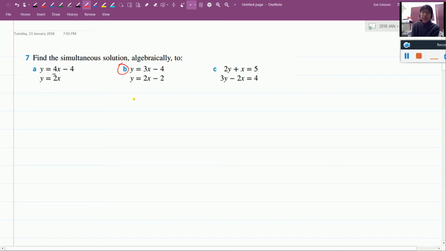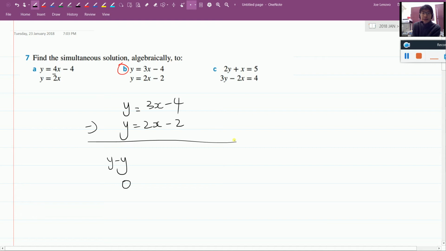The second one is B. B there, y equals 3x minus 4 and y equals 2x minus 2, is perfectly in gradient and intercept form. Therefore, I can do subtraction straight away. 3x minus 4 equals 2x minus 2. If I say left hand side minus left hand side, y minus y equals 0.